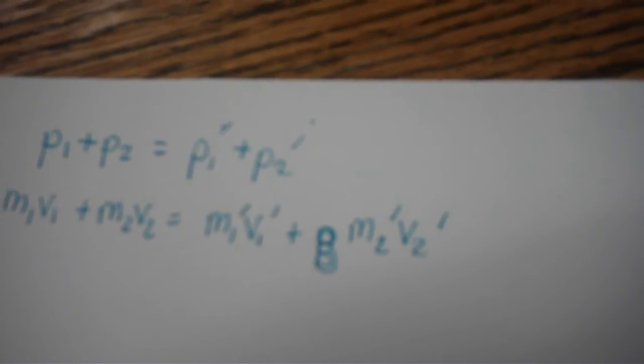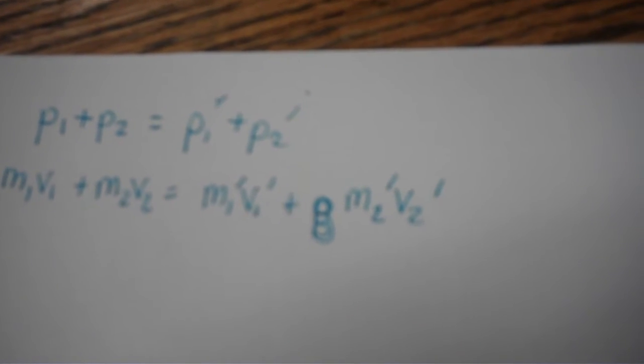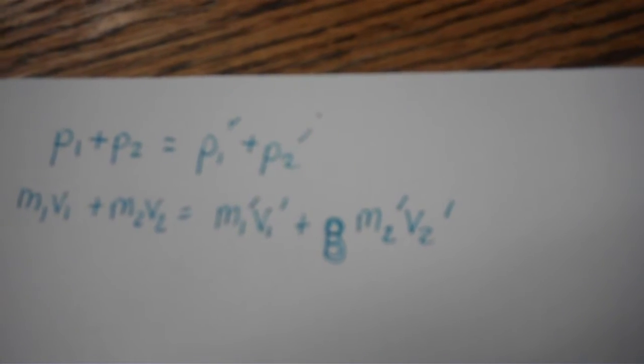Well, thinking about that, that means the mass of the first object times the velocity of the first object plus the mass of the second object times the velocity of the second object is equal to the mass of the first object after times the velocity of the first object after plus the mass of the second object after times the velocity of the second object after. But as in example number 8, which is what we're going to take a look at next, it says two objects collide and join after the collision.